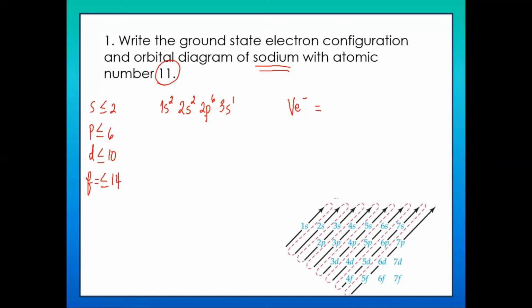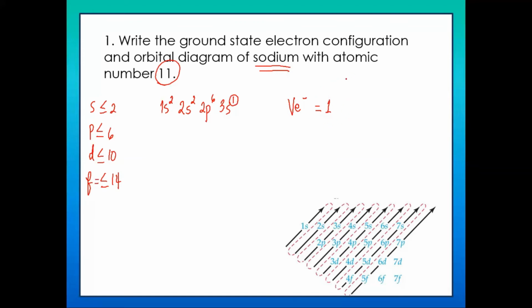So how do we know that? With the number that is highest, or based on the mnemonic. So 3 is higher than 2. So 3s, how many electrons can be found in 3s? Only 1. So the valence electron for sodium is 1. Okay, hope you follow that one.